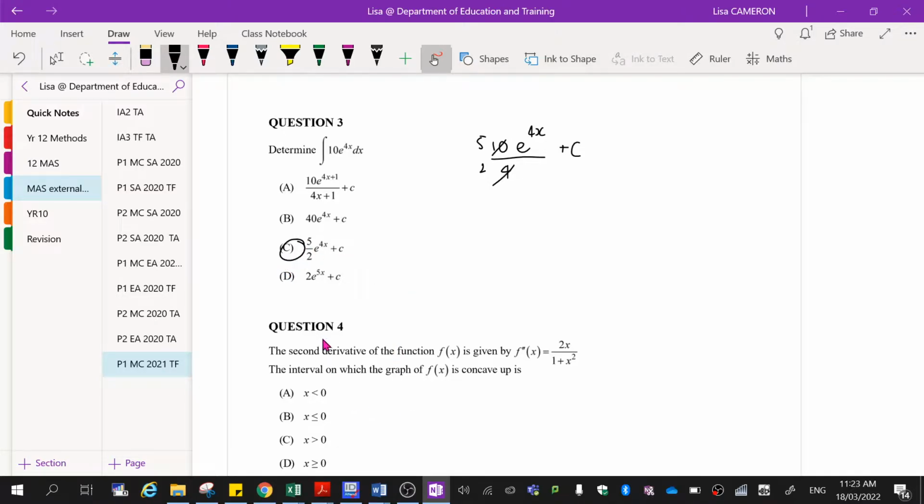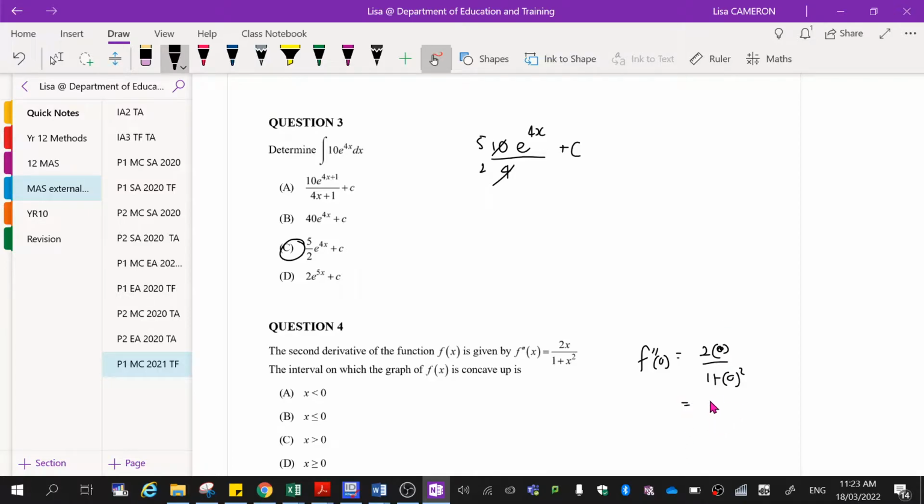Okay, number 4. The second derivative of a function is given by this. The interval on the graph for which this is concave up is here. Now we can see that these all have 0 in there, so we're going to substitute 0 in to see what's happening. f double prime of 0 equals 2 times 0 over 1 plus 0 squared.